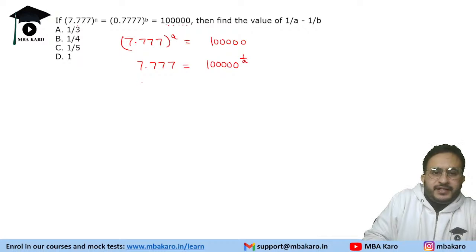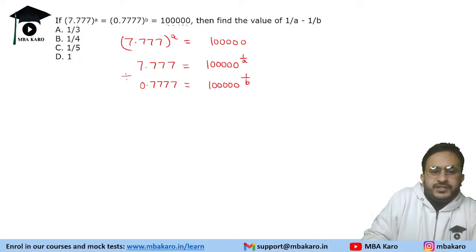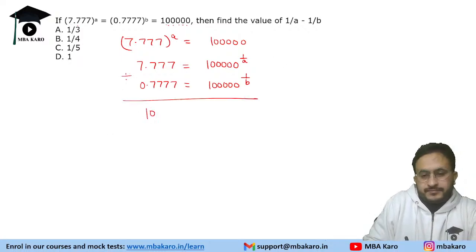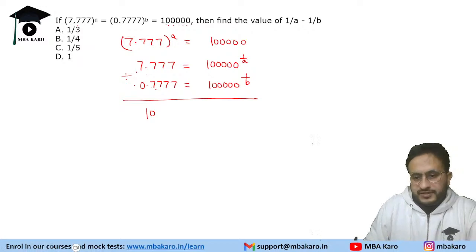Similarly, 0.7777 is equal to 1 lakh raised to the power 1 upon B. Okay, so this is the first equation, this is the second equation. If you divide this by this, you will get 10, right? If you multiply this by 10, it is 7.777.